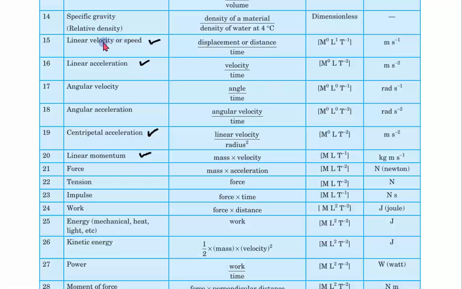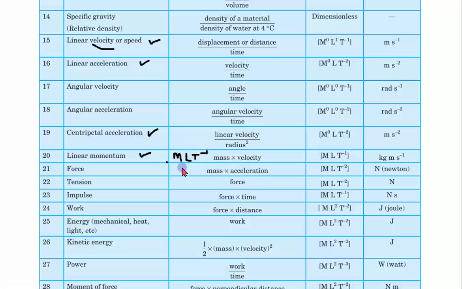Speed or velocity is L T minus 1, and the mass is M, so M times velocity, put in a big bracket. Mass stands as M, velocity is L T minus 1.